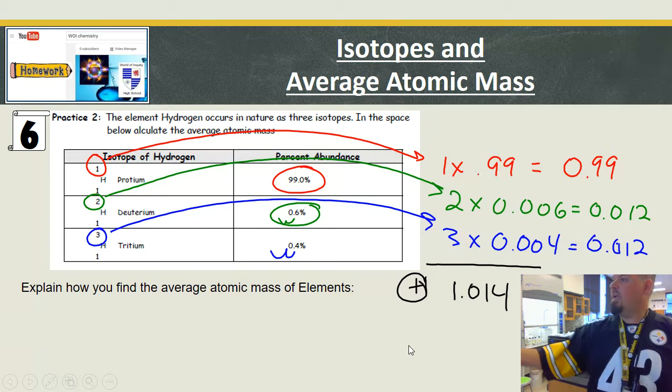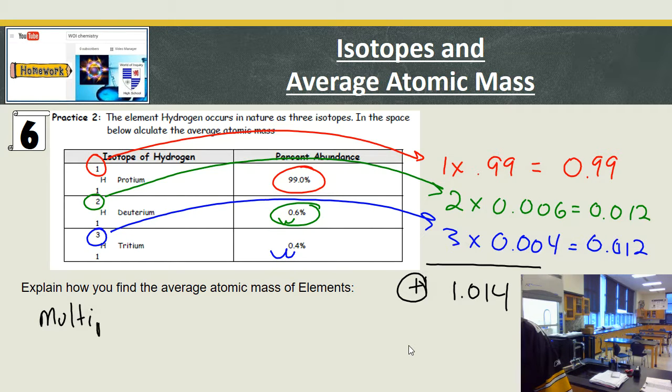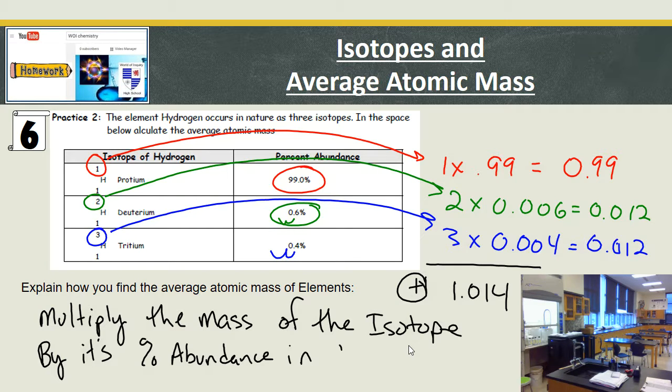Okay? Explain how you found the average atomic mass. Well, I'm going to multiply the mass of the isotope by its percent abundance in decimal form.